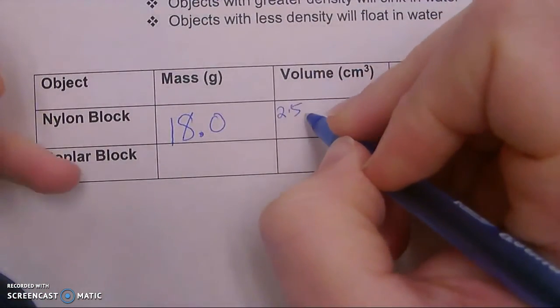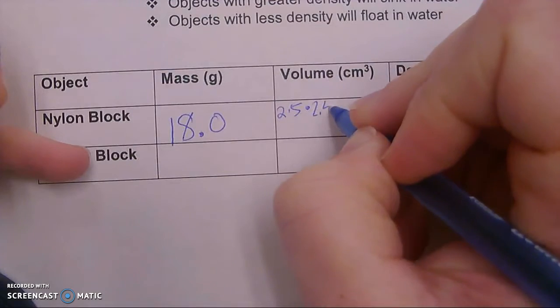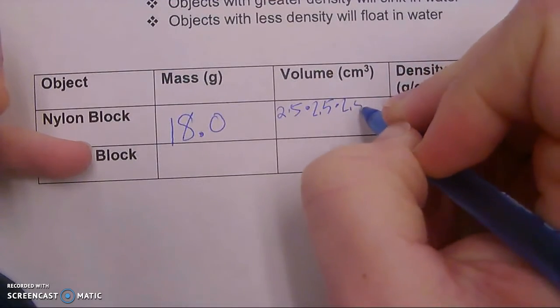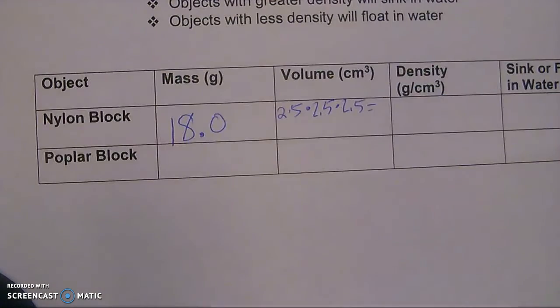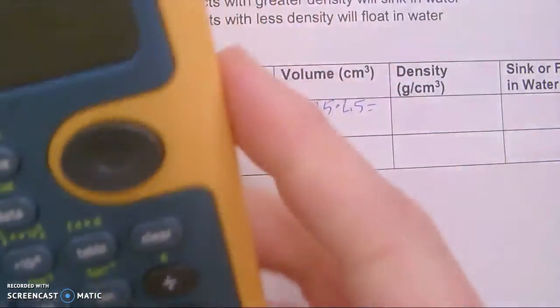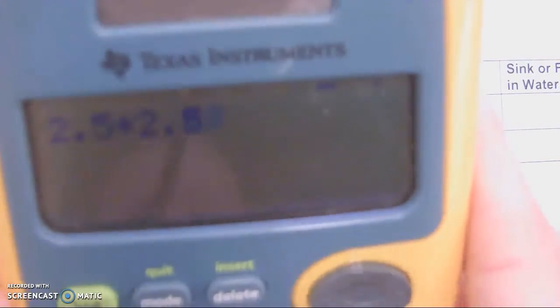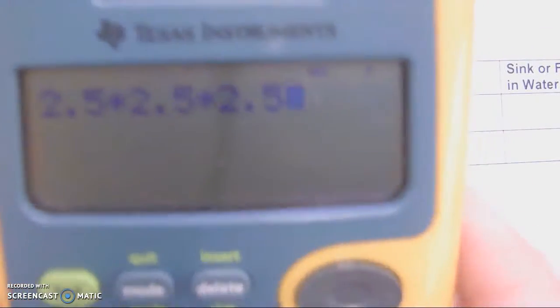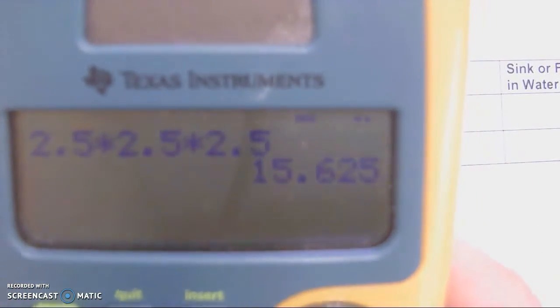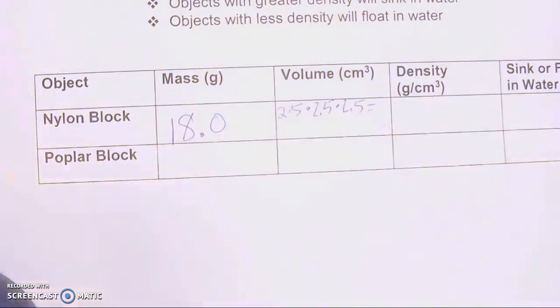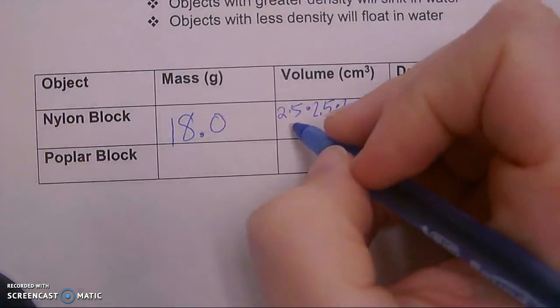So 2.5 times 2.5 times 2.5 gives me, let's look in our calculator here, because we're allowed to use them. So it's a good idea. 2.5 times 2.5 times 2.5 gives us 15.625 for our volume.